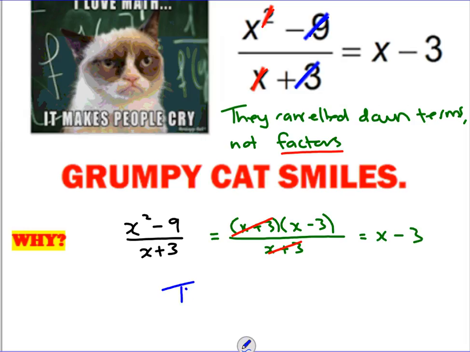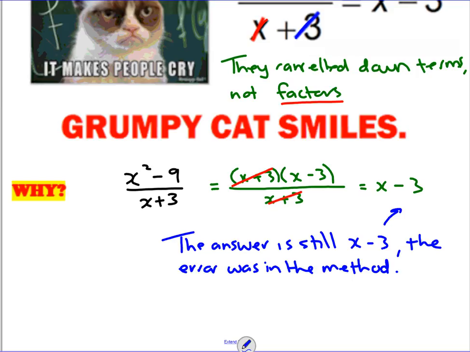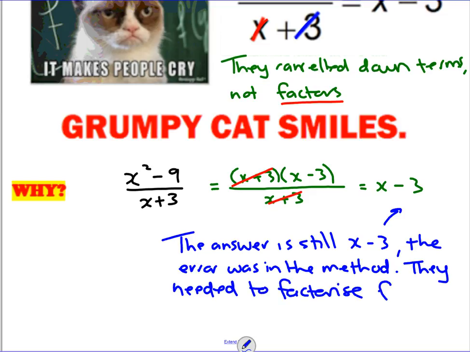So the answer is still x minus 3. The error was in the method. And the error in the method was they needed to factorise first, and then cancel down factors.